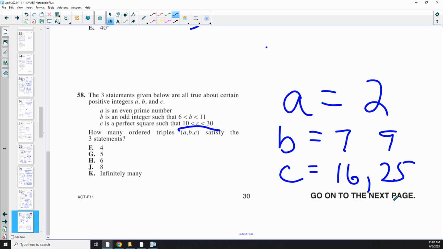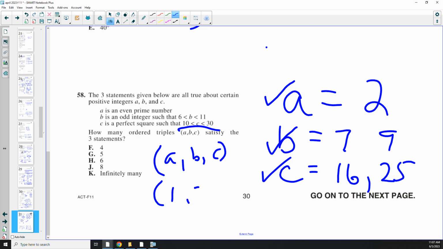So there's one number for A, 2 for B, and 2 choices for C. So if I have to list all the possibilities, it's 1 times 2 times 2. So 4 possibilities for the number.